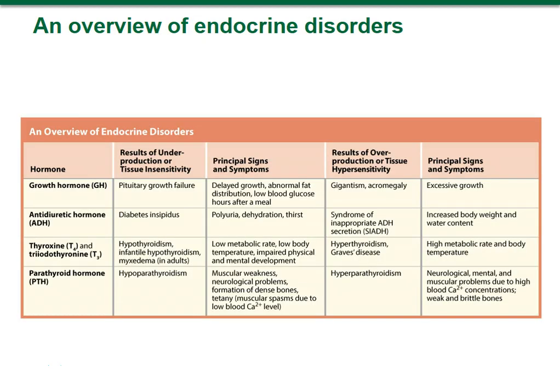Okay, this chart goes over a few other types of disorders. Talk about gigantism and acromegaly, which we already discussed, because of pituitary growth failure. They talk about diabetes insipidus there, related to ADH, because you have inappropriate ADH secretion.